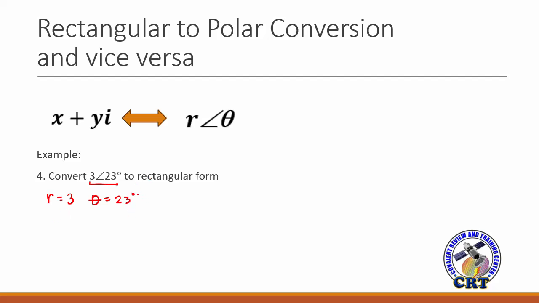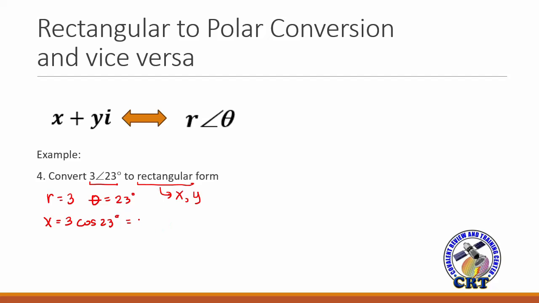So to determine the rectangular form, we need the values for x and y. So from the given formula from the previous slide, x equals r cosine theta. So theta is 23 degrees. Therefore, this is 3 cosine 23.